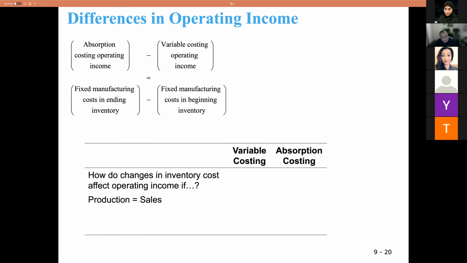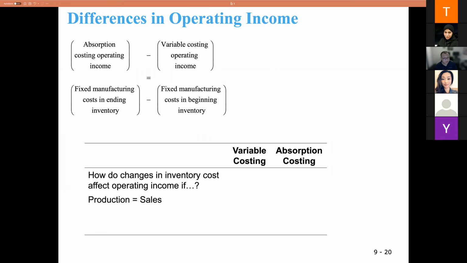The first question is, if production equals sales for a year, what's the difference in operating income between the variable costing and the absorption costing? Are they going to be the same, or maybe one is greater than the other? If production equals sales, tell me about it.